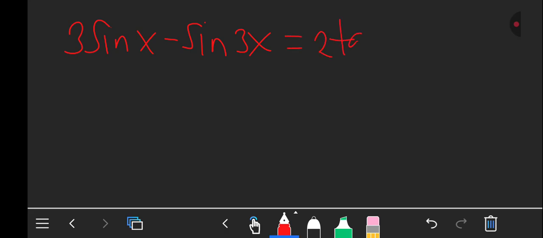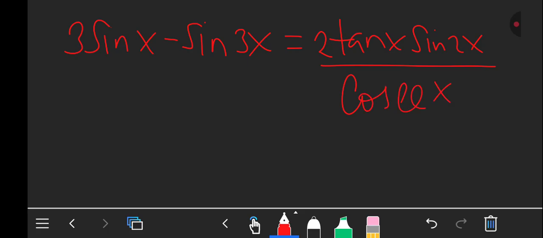It is 3 sin x minus sin 3x is equal to 2 tan x sin 2x over cosec x.